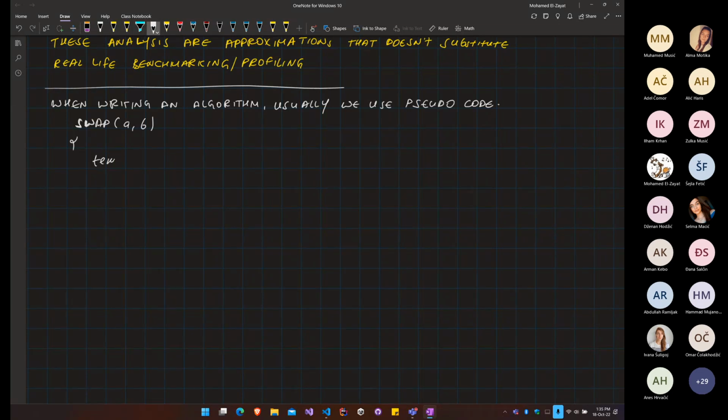You have temp equals A, and then A equals B, and then B equals temp. It's a simple swap, nothing fancy about it. And then you have the semicolons, obviously. And this is one representation, which is similar to a C-style language.